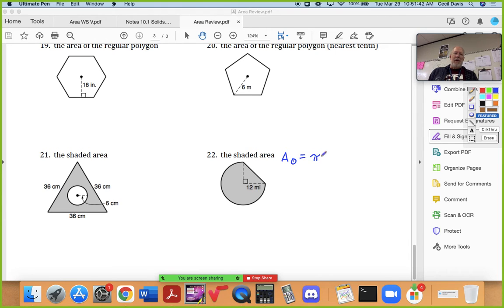So it's pi r squared, so that's pi times 12 squared, which is 144 pi. So the area of 3/4 of the circle is going to be 3/4 times 144 pi, which is 108 pi.